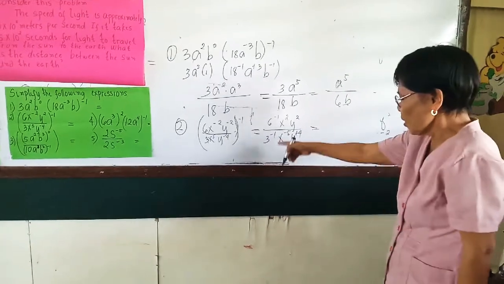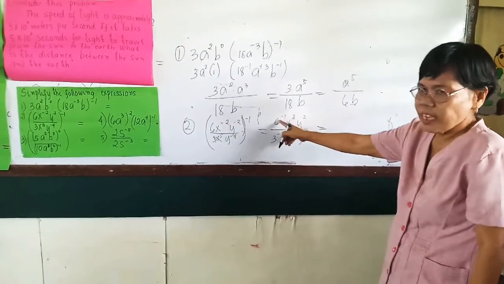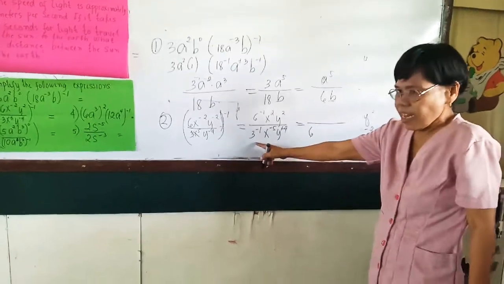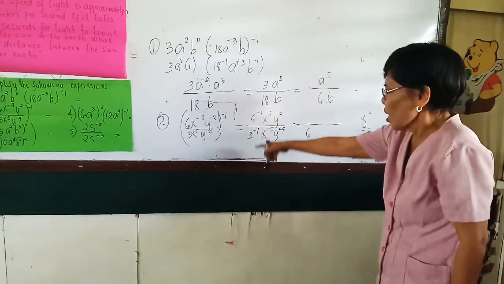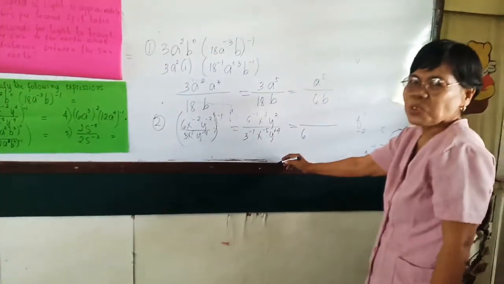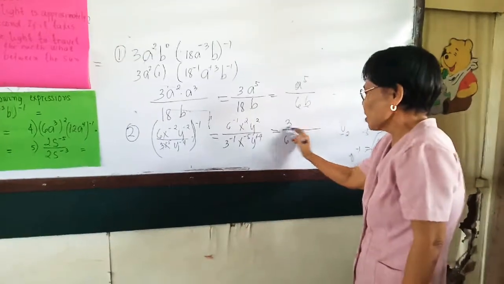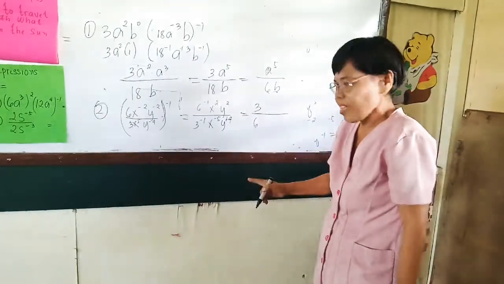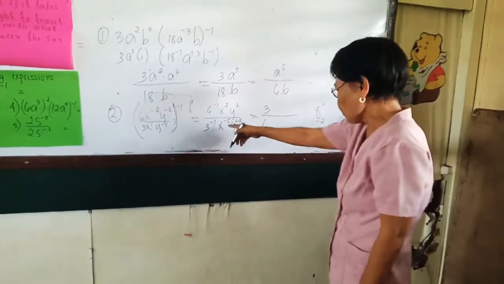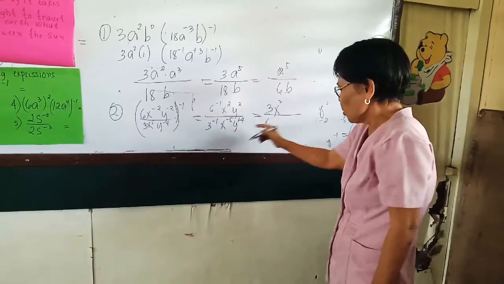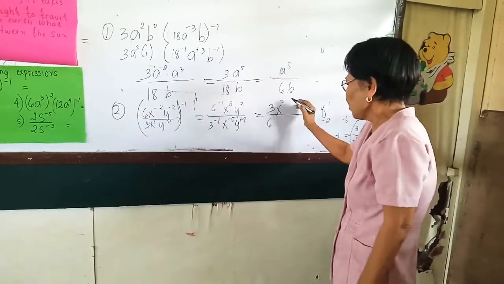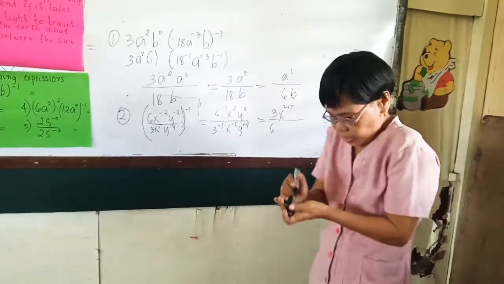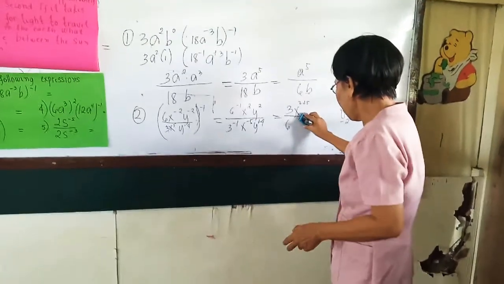Again, simplify. Since 6 has a negative exponent, you put it down. Then 3 has a negative exponent since it is in the denominator, so you are going to raise it up. So there is no negative sign anymore. Okay, x. X is squared, then you have negative x here, so it becomes positive 5.